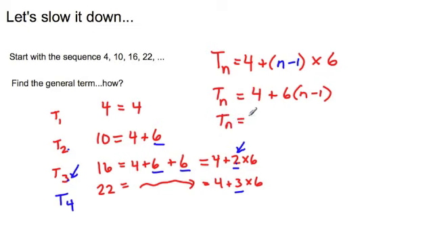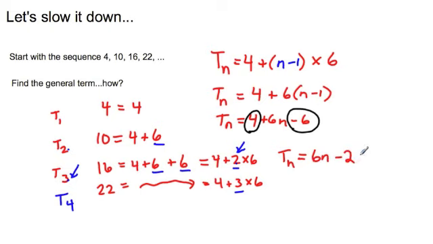So that's going to get me 4 plus 6n minus 6. I'm going to combine my like terms. I see I have a negative 6 here and a positive 4. So I can rewrite and get my final answer as 6n minus 2. Pretty sweet, isn't it?